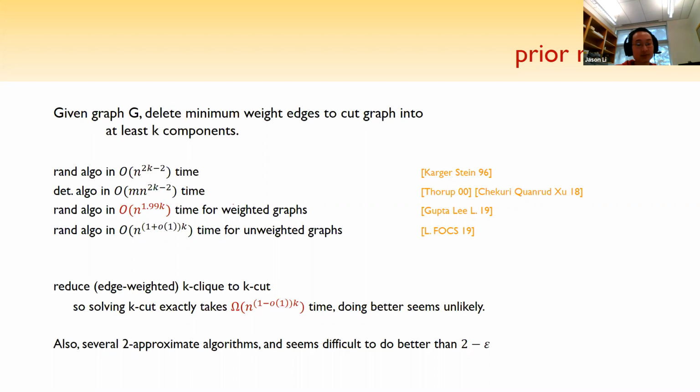And lastly, on the approximation algorithms front, this problem is known to be 2-approximable, even when k is large, so linear in n. Also, beating 2 would violate some well-known hardness assumptions.